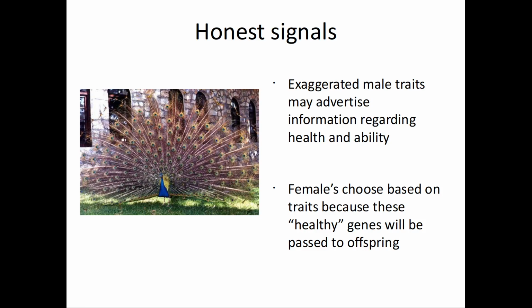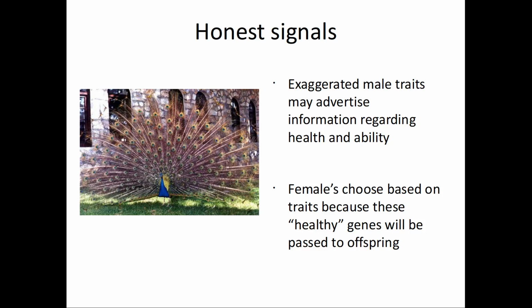So there's this. Now, they're honest signals. When we talk about that, we're talking about some of these traits they may signal through correlation that these organisms, these individuals are healthy. So these giant plumages of the peacock may say, hey, look, I'm able to actually produce these giant feathers. Therefore, I have other traits that are beneficial that allow me to get this much energy, to eat this much food, to protect myself from what would otherwise be a handicap because I've got these giant feathers.